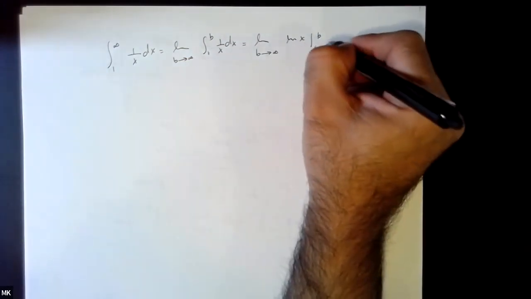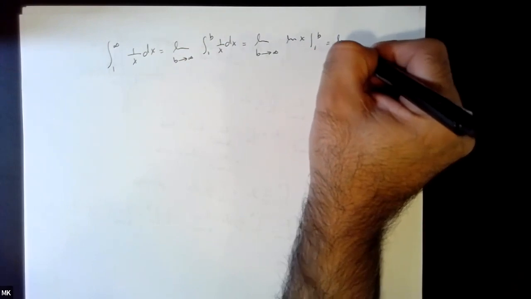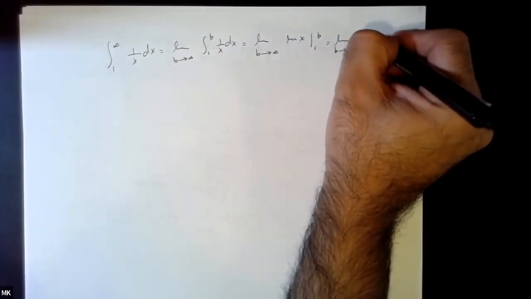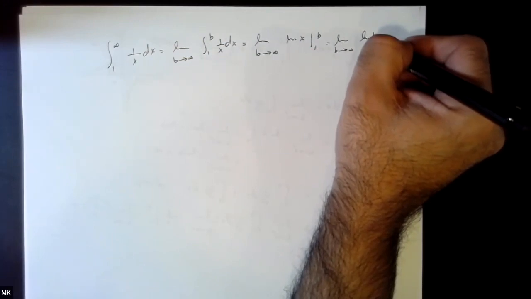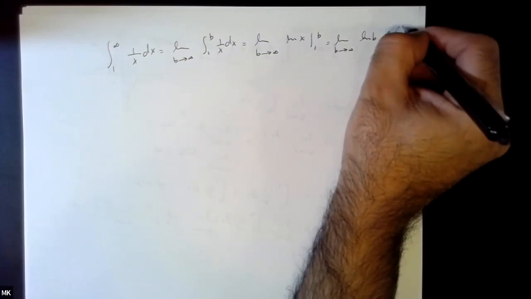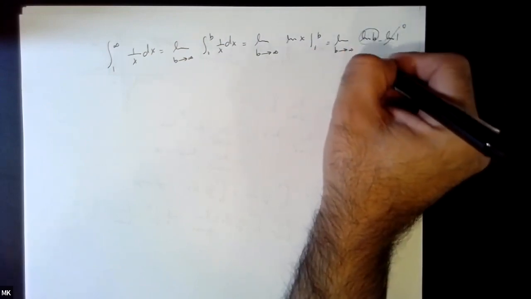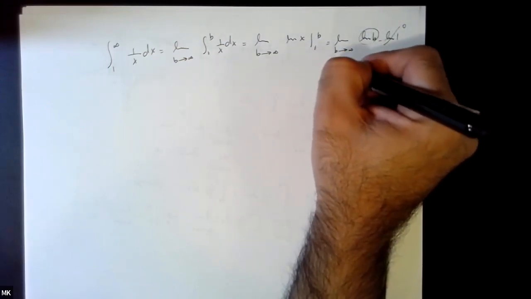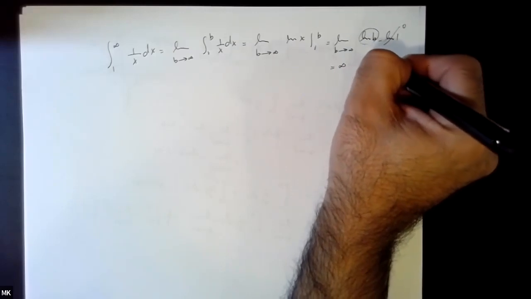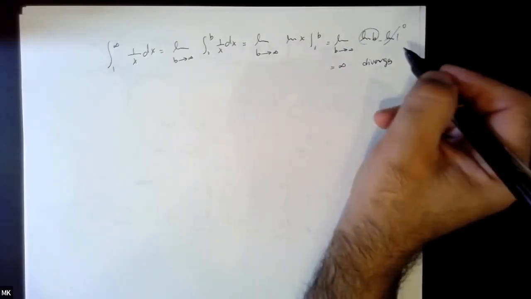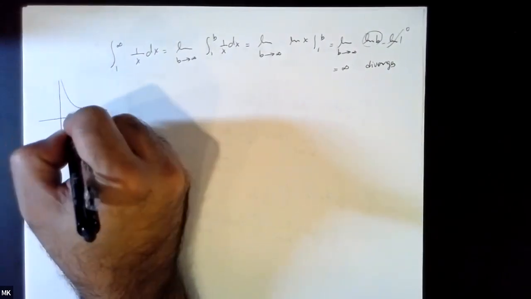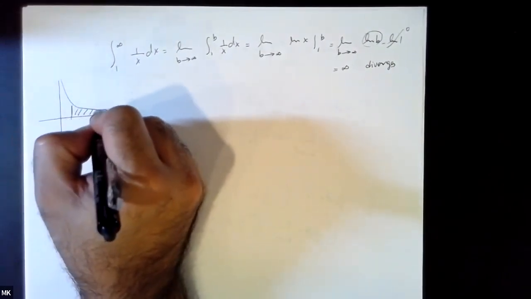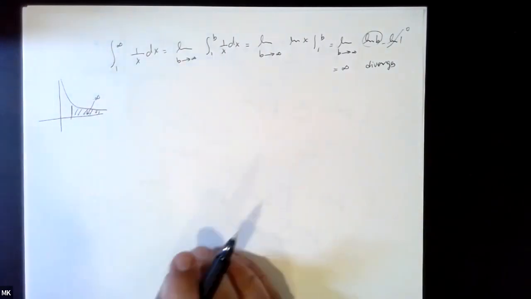From 1 to b, this is going to be the limit as b goes to infinity of ln of b minus ln of 1, which is 0. And as b goes to infinity, ln of b goes to infinity. So this is a divergence. It doesn't give you a finite value. So the area under the curve of 1 over x from 1 to infinity is actually infinite. That's an infinite area.